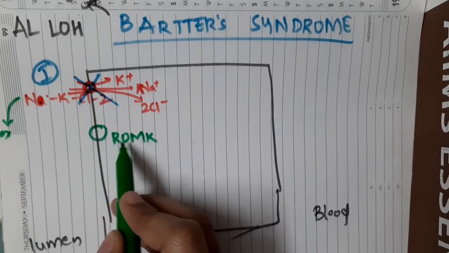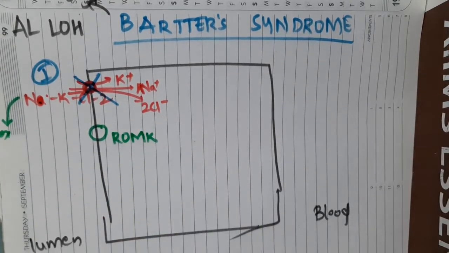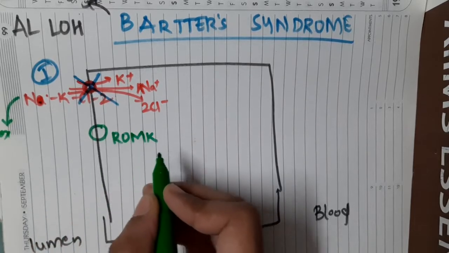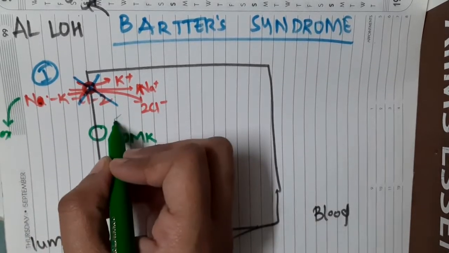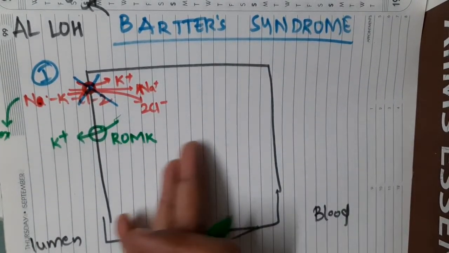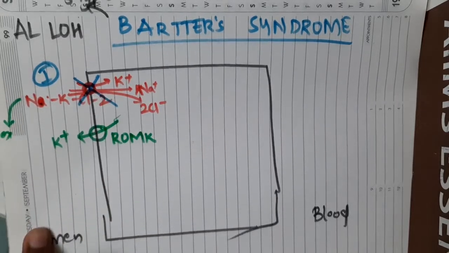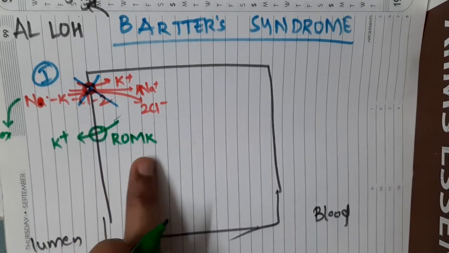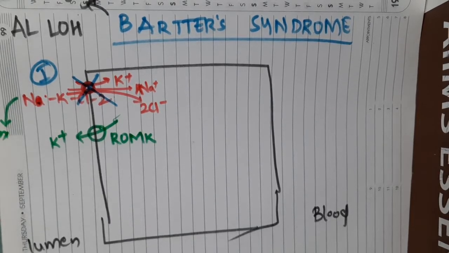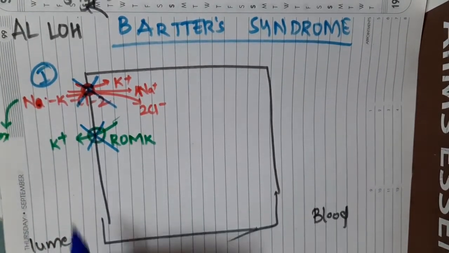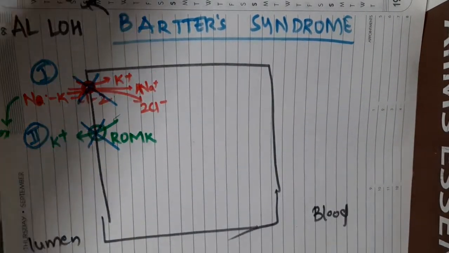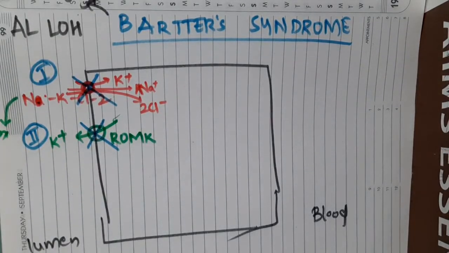Normally, potassium is secreted into the lumen through this channel. But because of a defect in the renal outer medullary potassium channel, it will result in type 2 Bartter syndrome. As a result, this potassium is excreted.